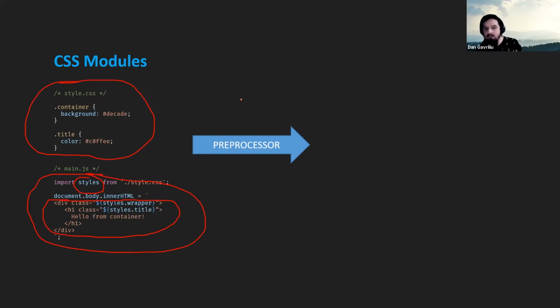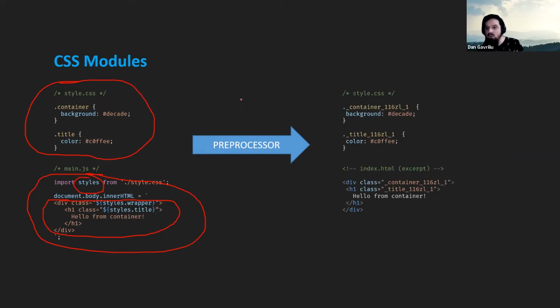In the browser, when the application is loaded, this would be the actual result that is loaded. We have the equivalent of the original CSS file. As you can see, there are some changes to the class names. Container from here gets converted to this container.